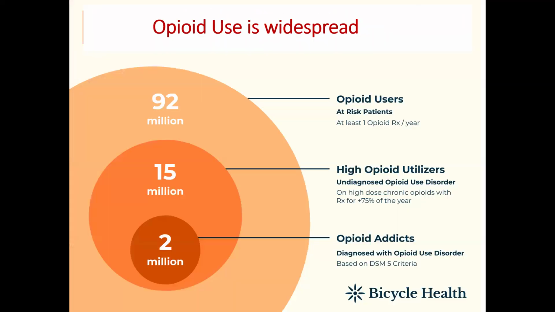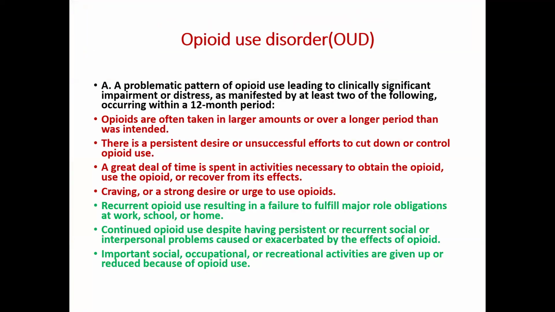Opioid use disorder is a widespread disease. Opioid users in the United States, 92 million. High opioid utilizers, 15 million. And we have 2 million addicts in the United States. It has criteria in the DSM-5, and basically it's a problematic pattern of opioid use leading to clinically significant impairment or distress, as manifested by at least two of the following occurring within a 12-month period.